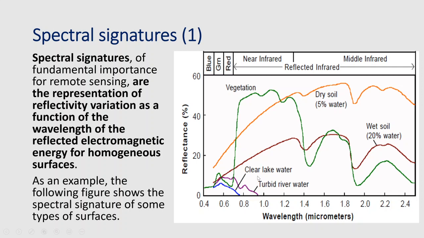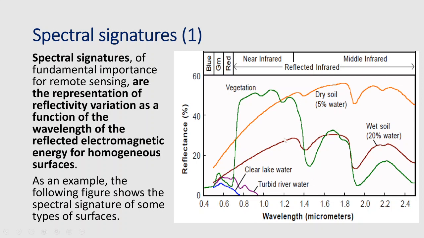Starting from the near infrared, water, both turbid or clear, is a very good absorber in the infrared. That means it's very similar, as we mentioned several times, to a black body for the near and middle infrared.